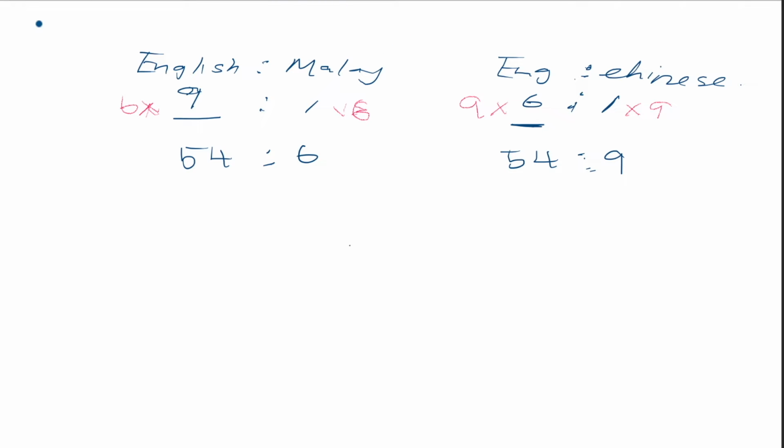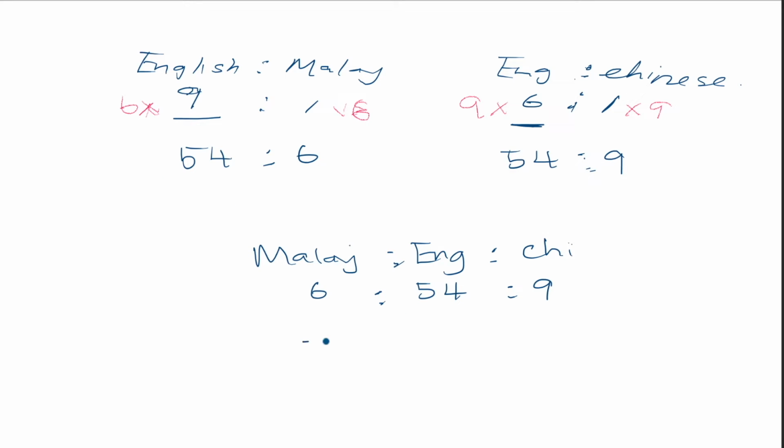Now we can combine the English, Malay and Chinese together. So let me see, Malay, the ratio of English is 6, 54. The English to the ratio of Chinese is 54 to 9. Okay, so it's asking what is the ratio of the number of English books to the number of Chinese books to the number of Malay book.